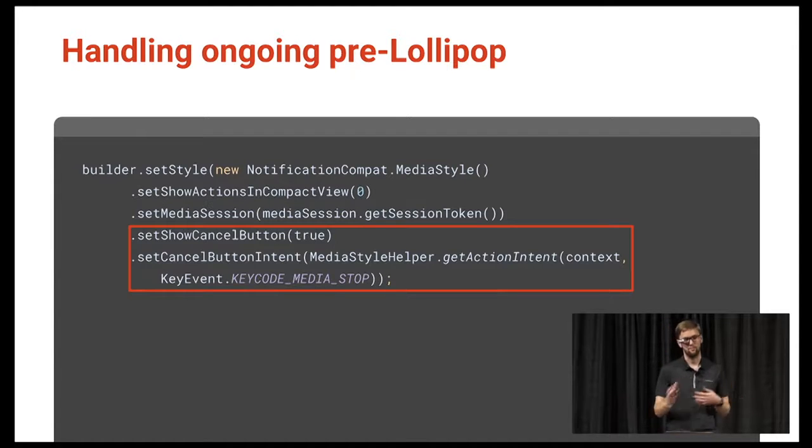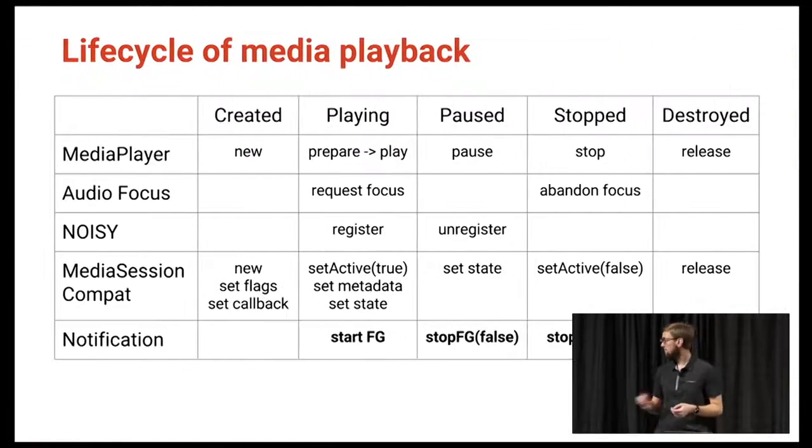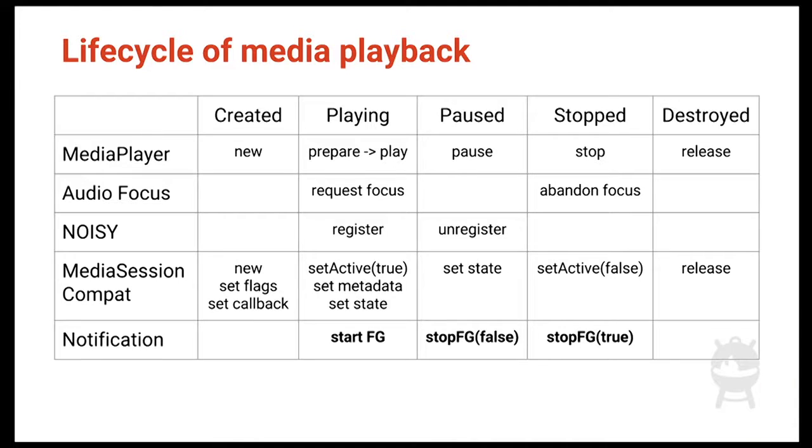So it always is the same, whether it's pre-Lollipop or post-Lollipop. Nicely enough, on Lollipop, these methods just don't do anything because it doesn't apply on those levels. You'll be able to swipe it away as soon as you say stop foreground false. So stop foreground false means I don't want to be a foreground service anymore, but keep my notification up there, right? I'm still alive, right?